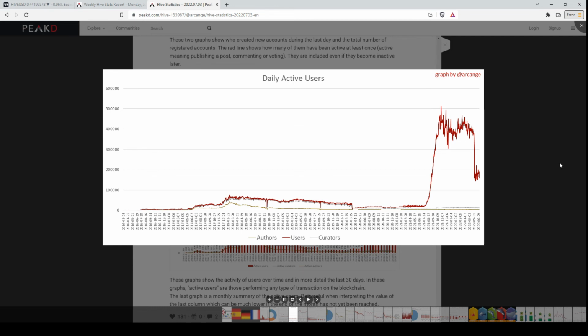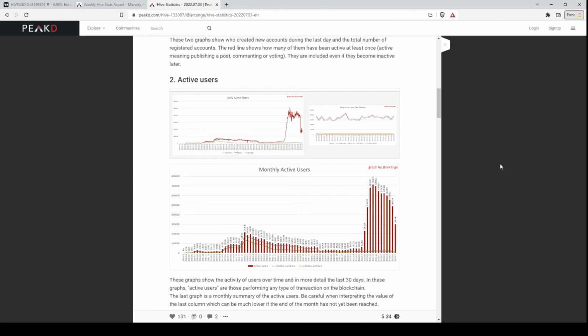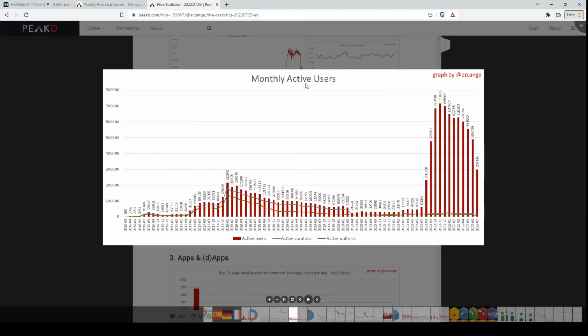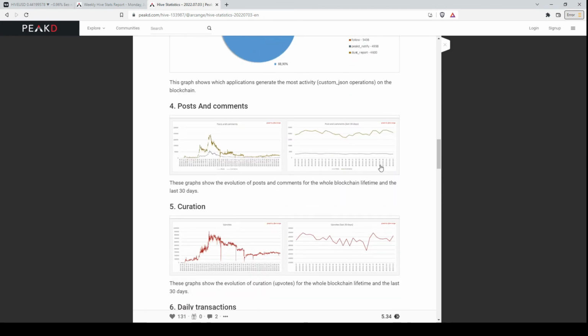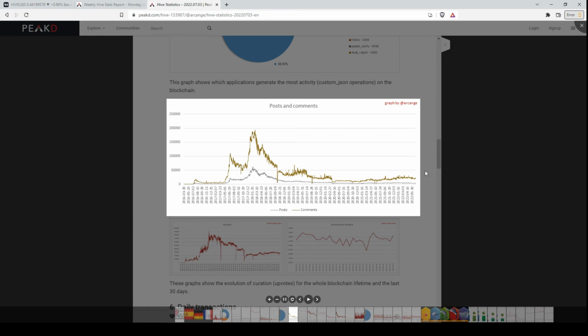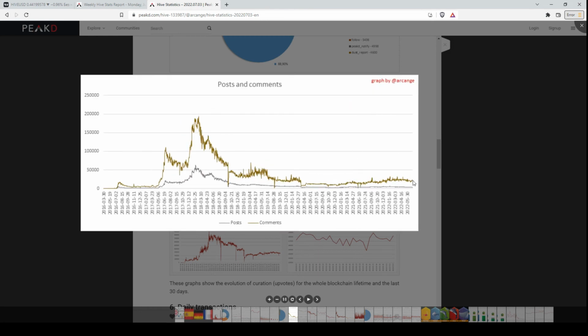or HIVE is declining, the number of daily active users is declining, so it puts pressure on the price of HIVE. So we see that the number of monthly active users is declining, so definitely it is not something very positive for the price of HIVE in my view. And if we look at the number of posts and comments, in 2017, 2018, we had many more active bloggers, and definitely something could be improved now in order to return these active bloggers.